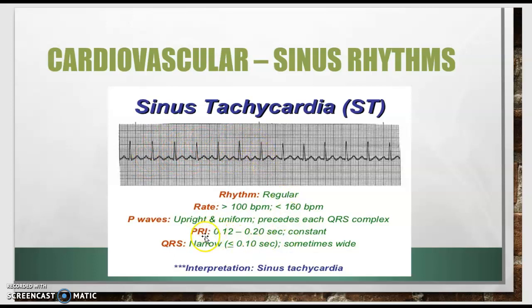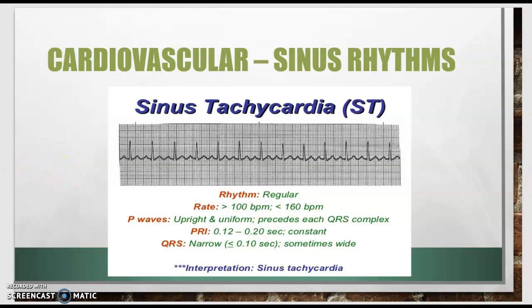And then our PR interval does not look like it's any larger than one red box or one deep red box. And then our QRS is narrow. So again, the only thing that is different from normal sinus rhythm here is that our heart rate is fast.